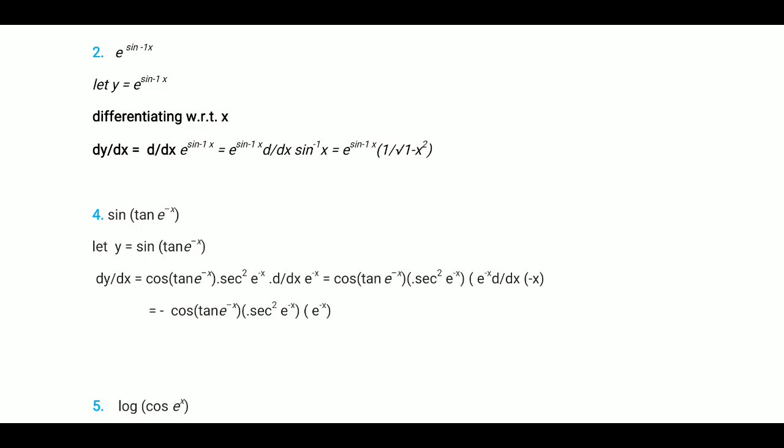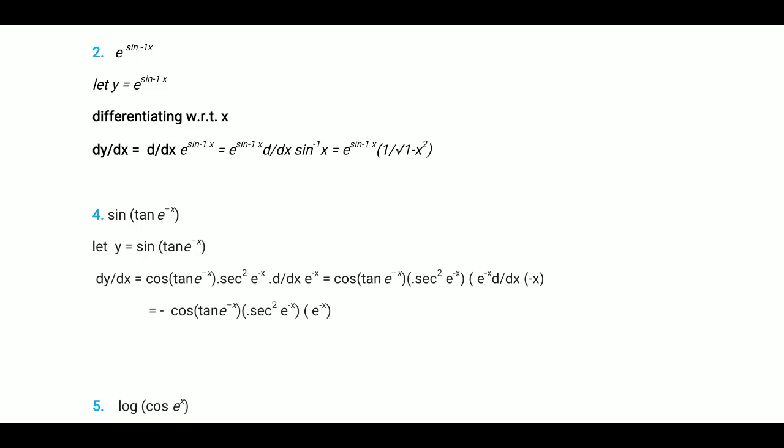Now into differentiation of tan. So differentiation of tan is sec square e power minus x. Now differentiation of e power minus x. So this chain rule is cos tan e power minus x into sec square e power minus x into e power minus x.